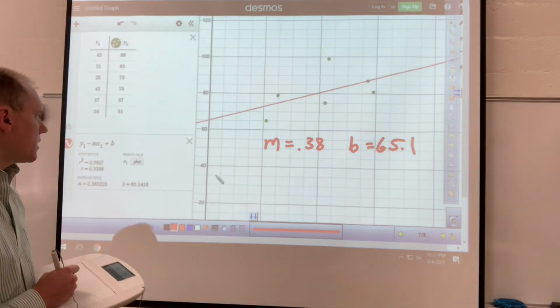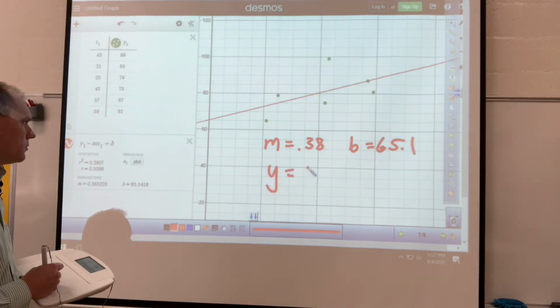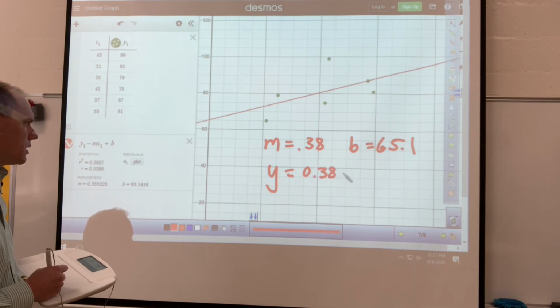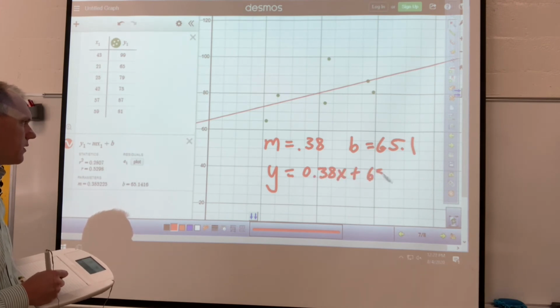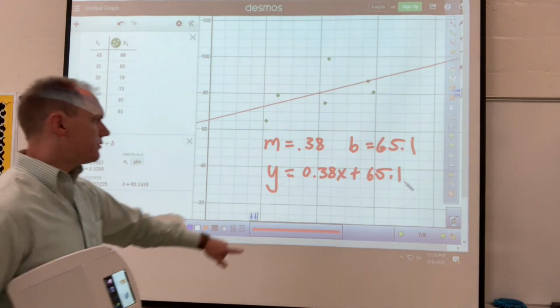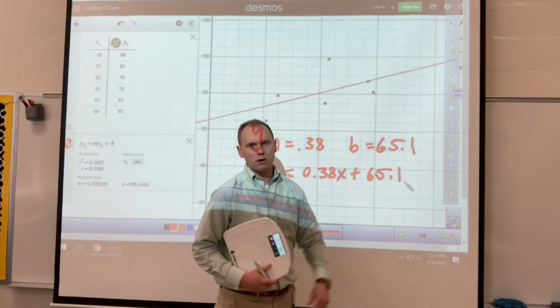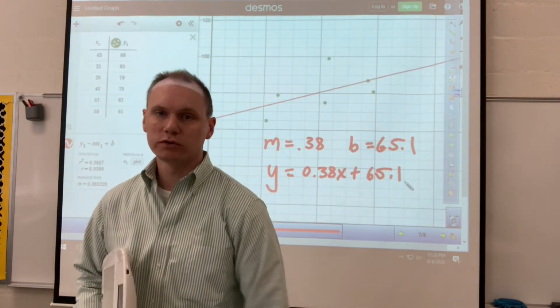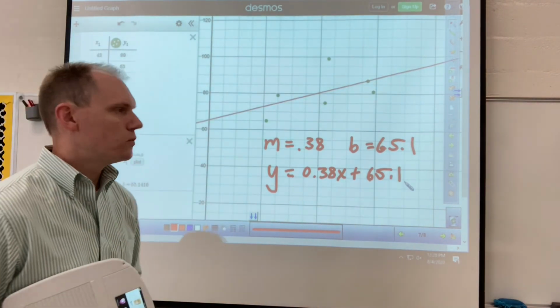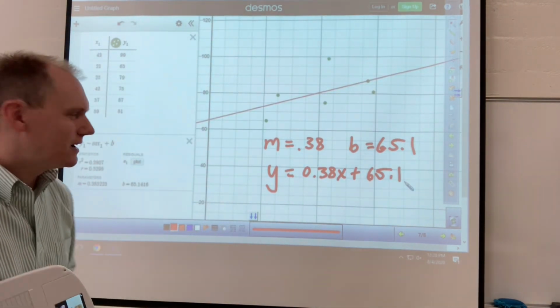Okay, so if we write our function here, y equals 0.38x plus 65.1. The 65.1 would be our glucose level if we were 0 years old, which may or may not make sense.